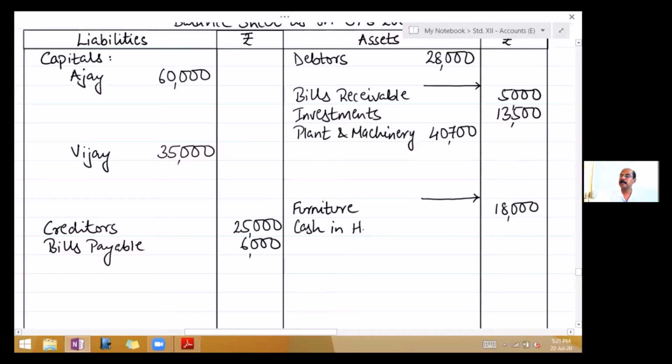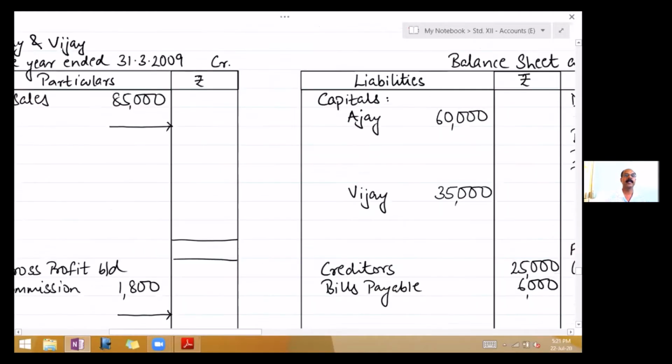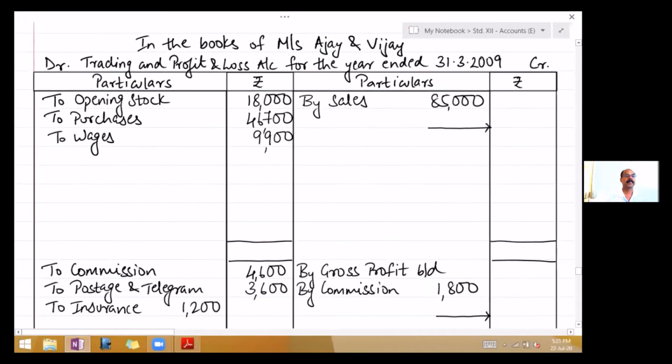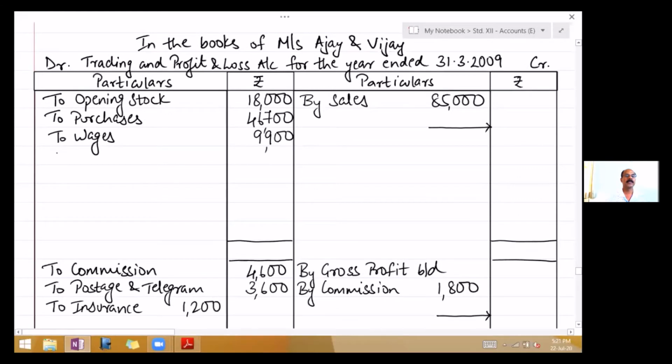Cash in hand 2,500. Next, carriage 3200. So trading account debit side to carriage 3200.